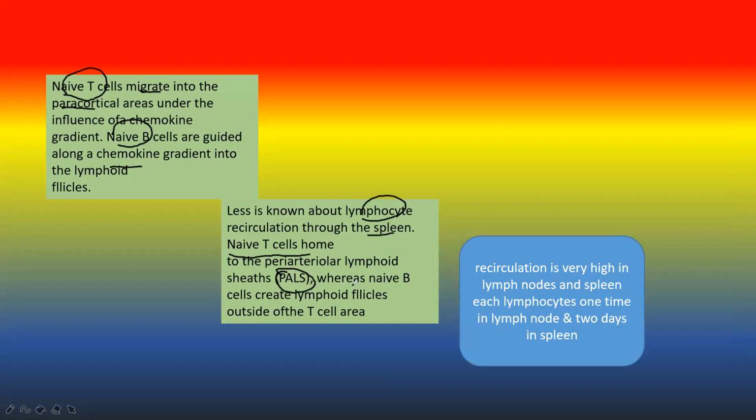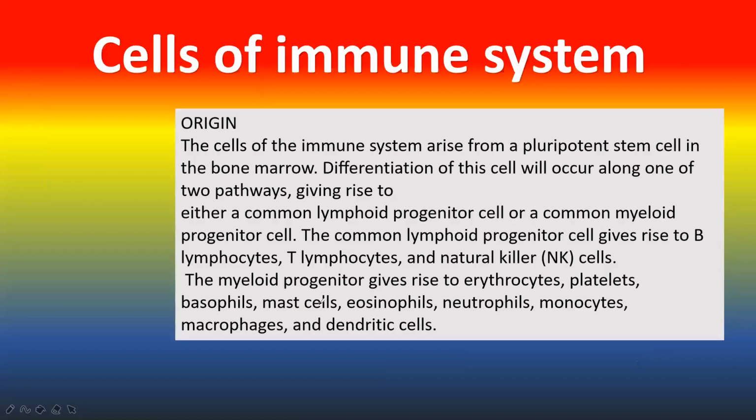Clear or not? This is the location of T cells and B cells inside the spleen. So homing done, selection done, B cell intro done, T cell activation done. This is everything about B cells and T cells: their maturation, their activation, how they work.